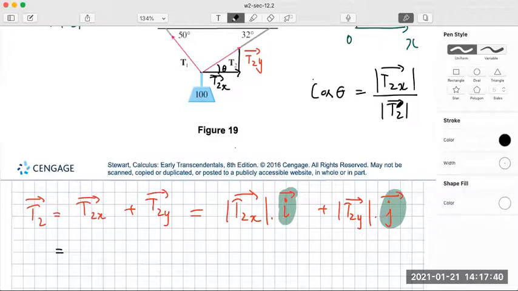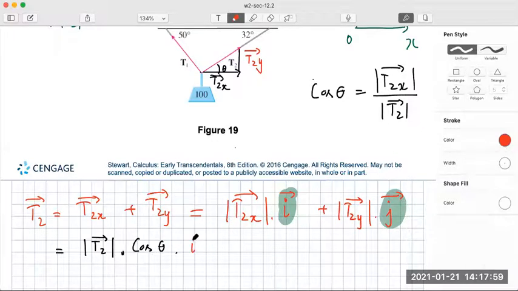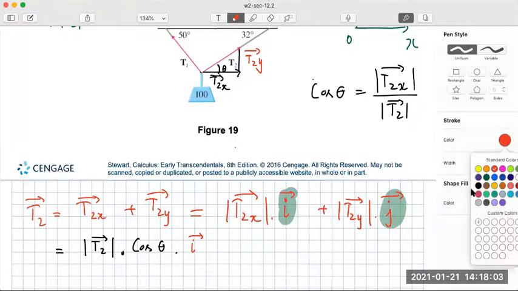Do you agree? Trigonometry. Therefore, the length of T2x will be the length of T2 multiplied with cosine theta. Do you agree? How about T2y?